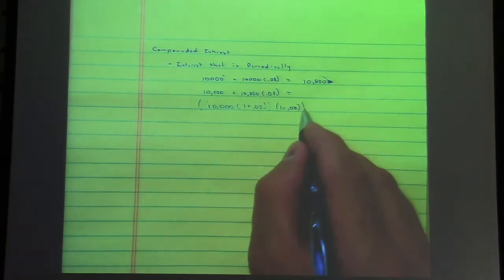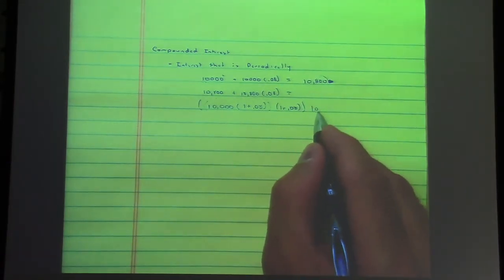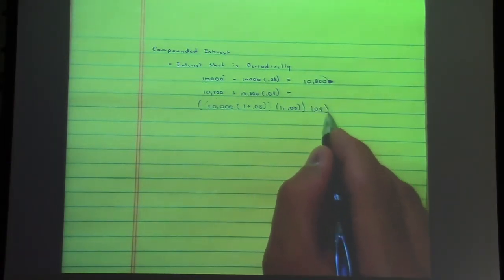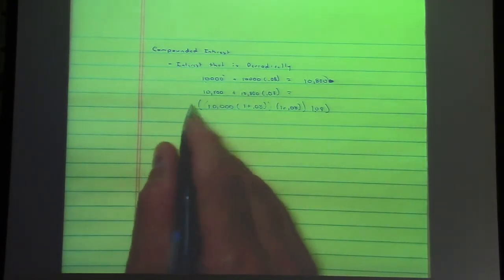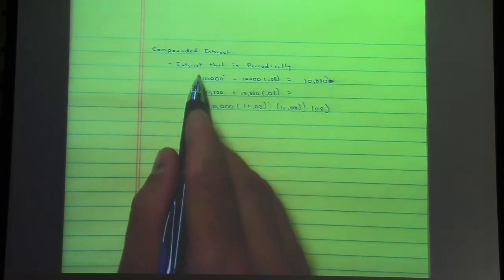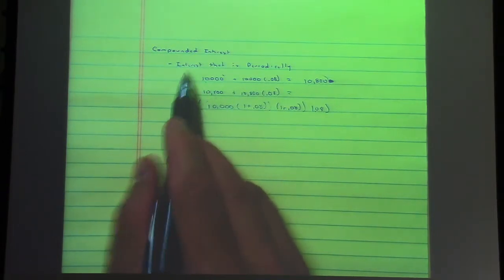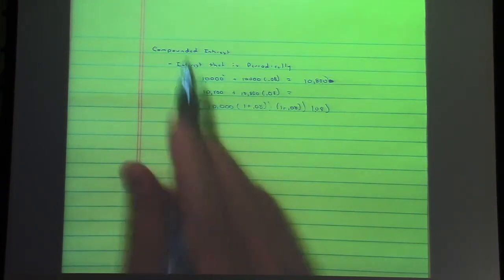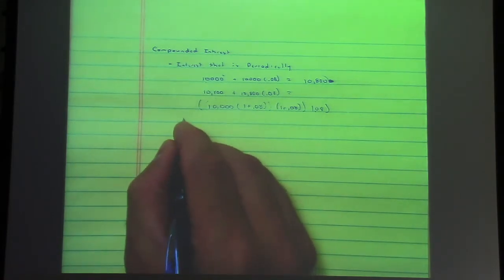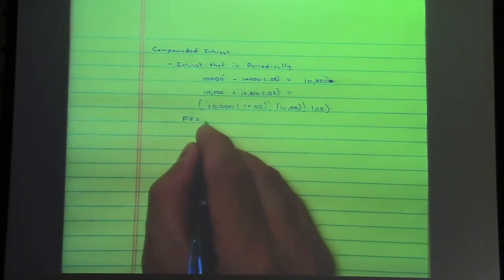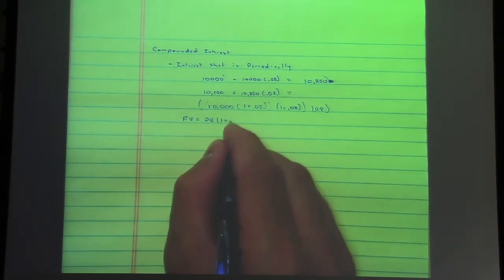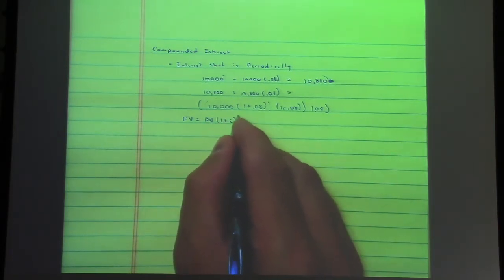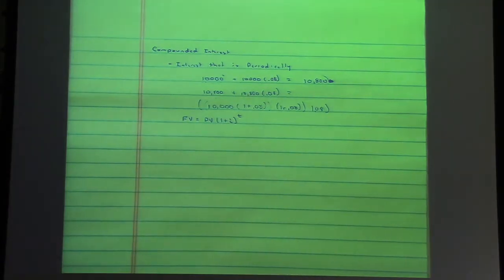And in the third year, we're multiplying that by the 1.08 again, and so on and so forth. So ultimately, when we're expressing the future value in terms of the present value when dealing with compounded interest, the future value is equal to the present value times 1 plus the interest rate raised to the number of payment periods, T.